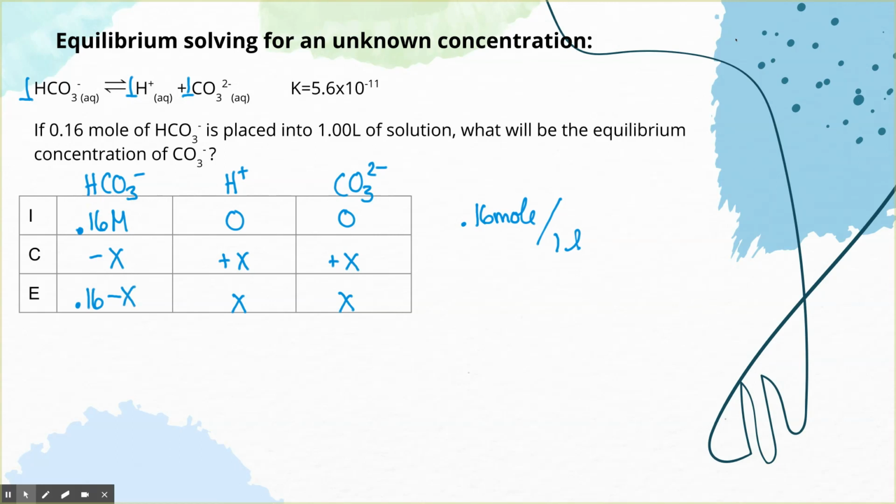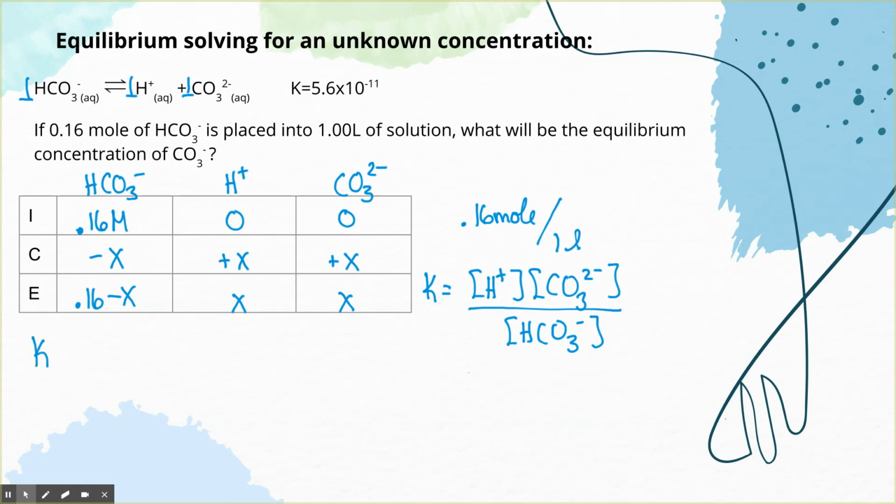Okay, now we plug in the K. K is equal to the concentration of H plus, a product, times CO3 2 minus, a product, divided by the reactant, which is HCO3 minus. Once we do that, we place all the numbers inside.